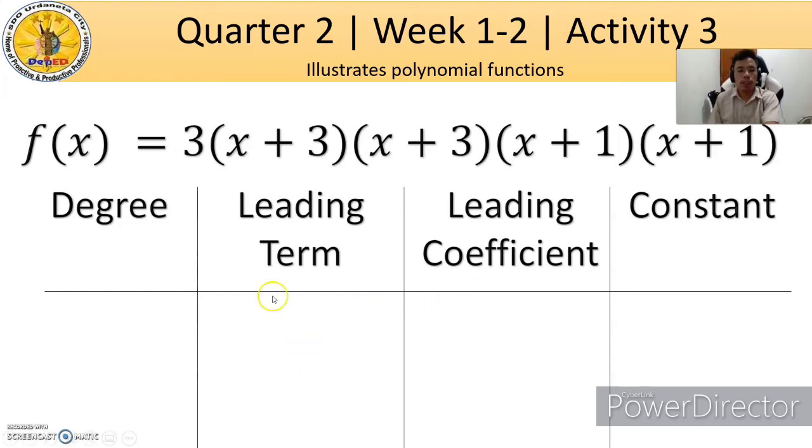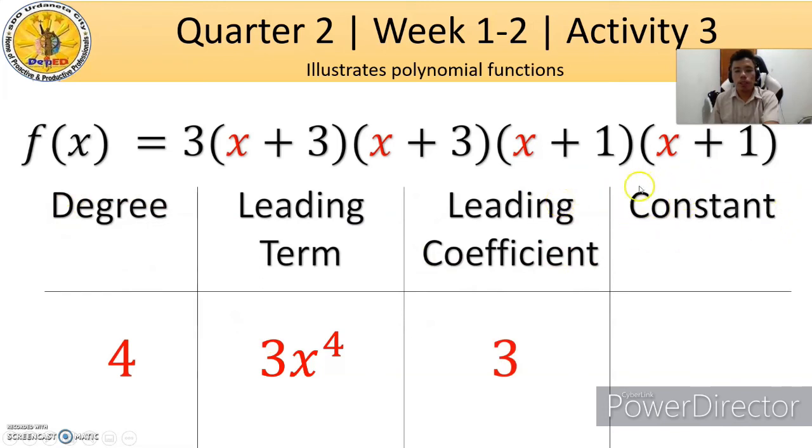To get the leading term, we will just have to multiply 3 times x times x times x and times x. So we will have 3x⁴. And we can now already establish that the degree is 4 and the leading coefficient is 3.